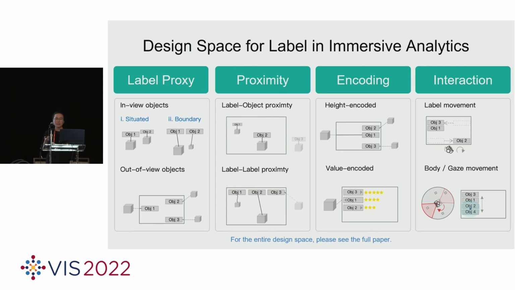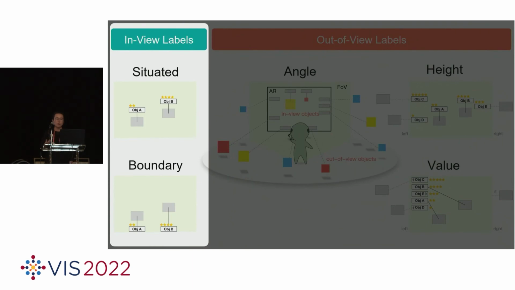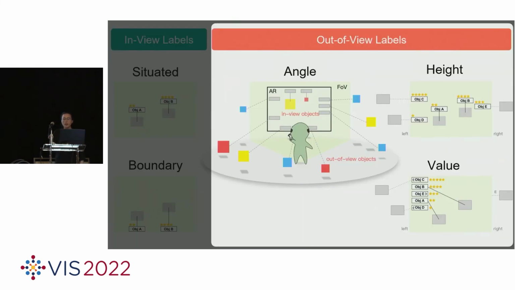So based on this design space exploration, we propose 5 distinct labels. The first 2 labels only encode the in-view objects. Situated is a baseline condition, and boundary is an alternative design to avoid visual clutter. I will show the videos in a second. 3 other conditions encode the out-of-view objects with different object properties, including the vertical height, the angle, and the value property.